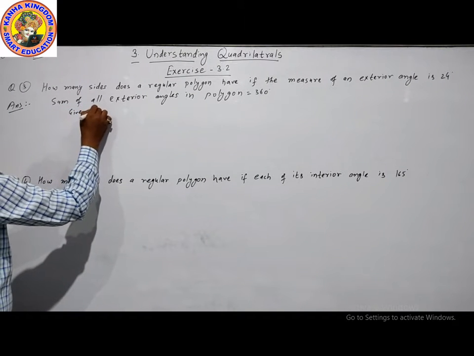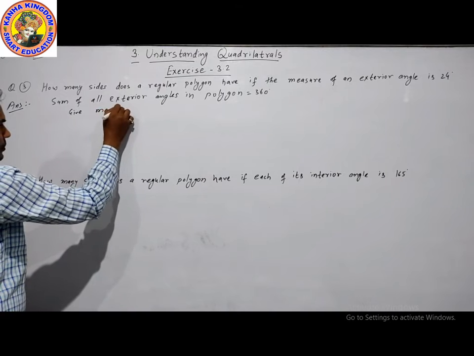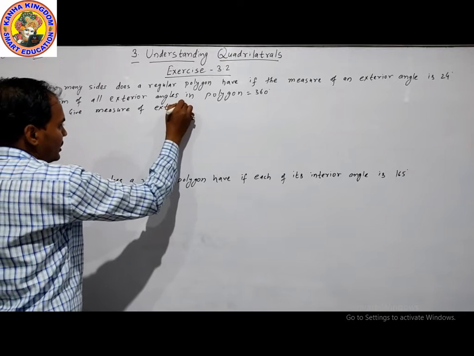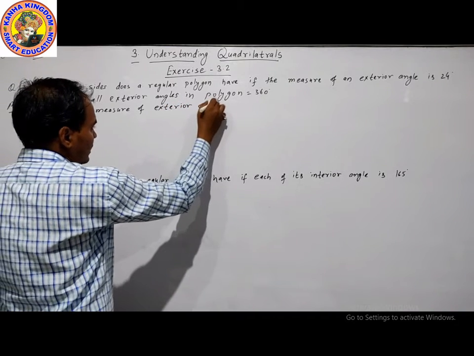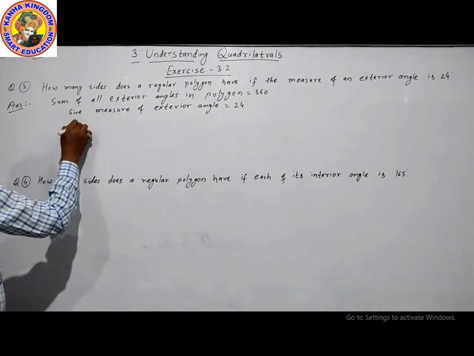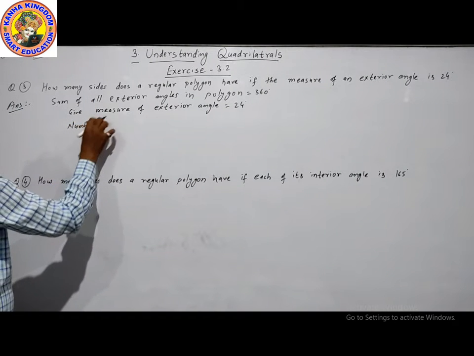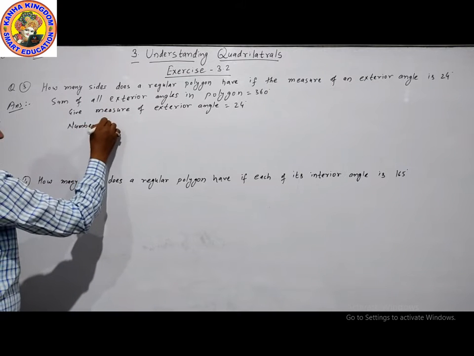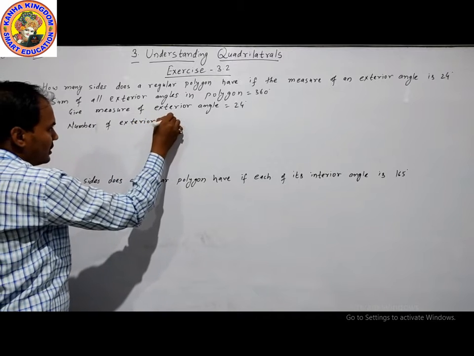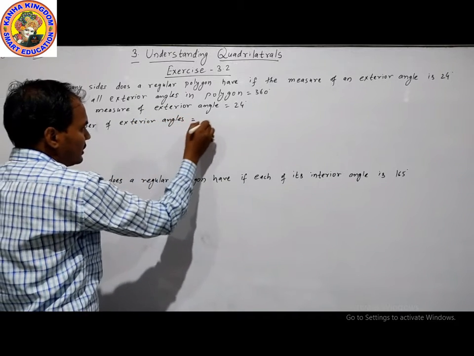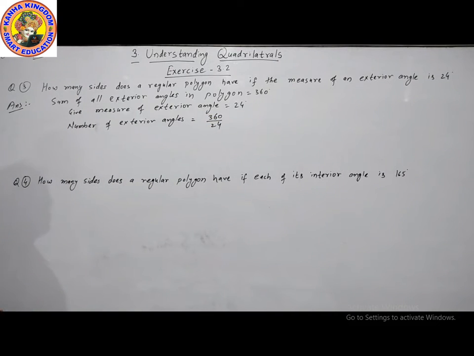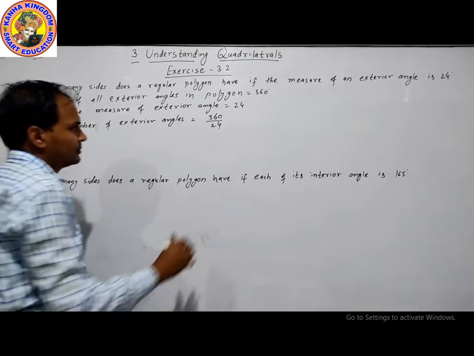Given the measure of the exterior angle is 24. The number of exterior angles is 360 divided by 24.